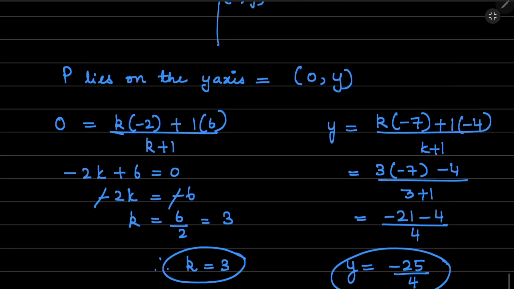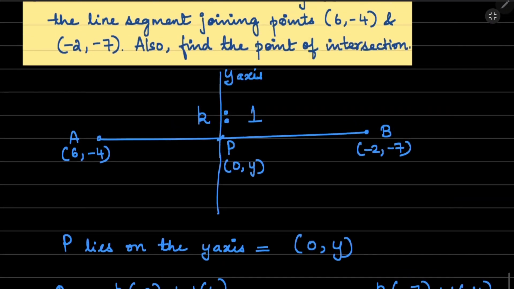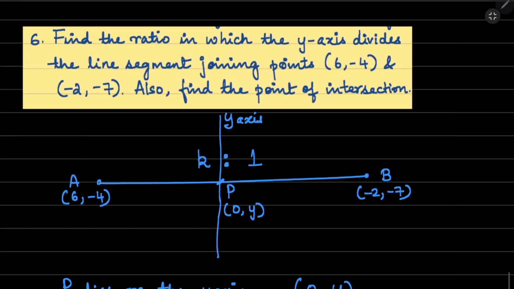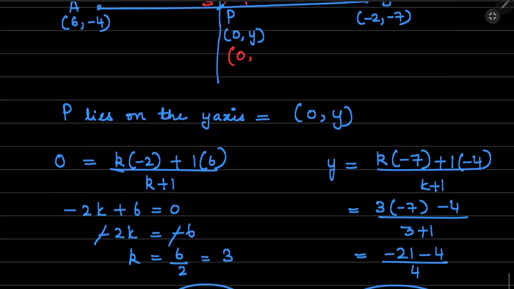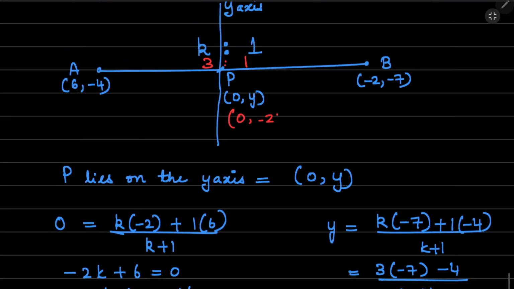Now once you have got the y value, you know the coordinates. We have got k equal to 3. So the ratio in which the y-axis is dividing this line is 3:1, and the coordinate is 0, minus 25 by 4. That's your answer.